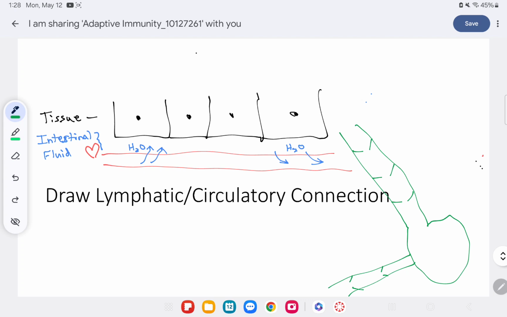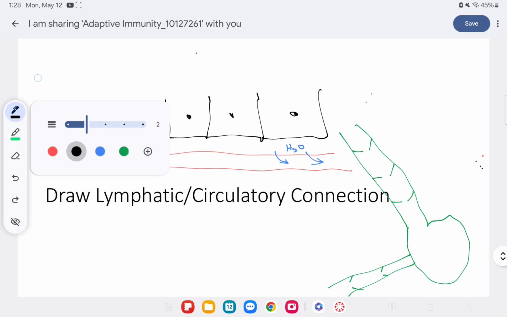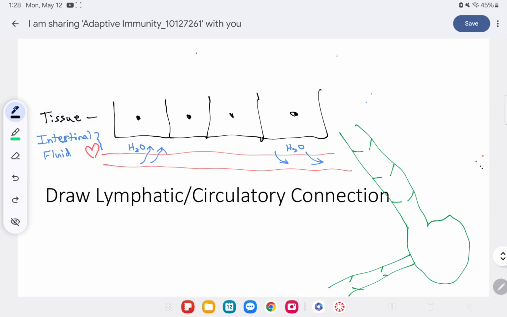That's what that is. Okay, so when we have a parenteral entry of pathogen, you also have here your resident dendritic cell.